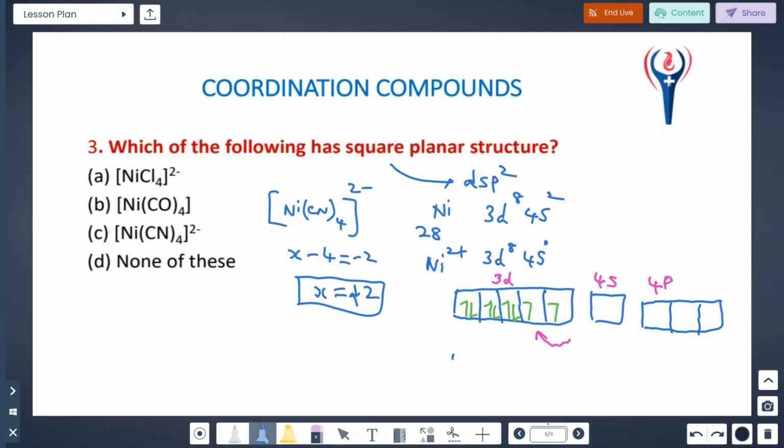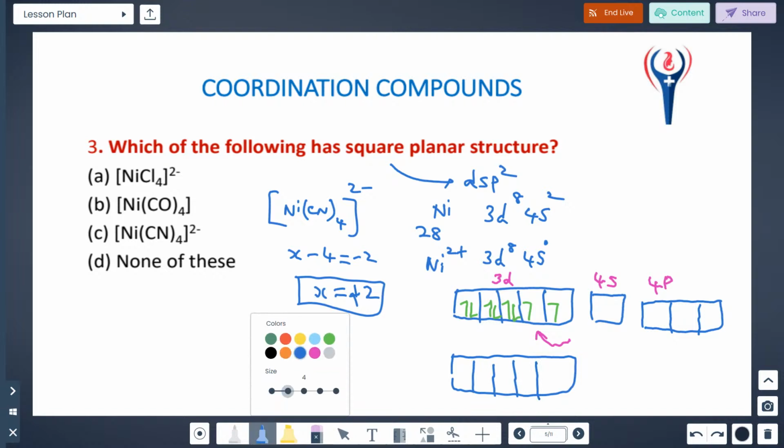Are you following? See, already we have 3 pairs. It's a strong ligand, so it forces the unpaired electrons to pair up. Now we have what? Now the empty orbitals start here.